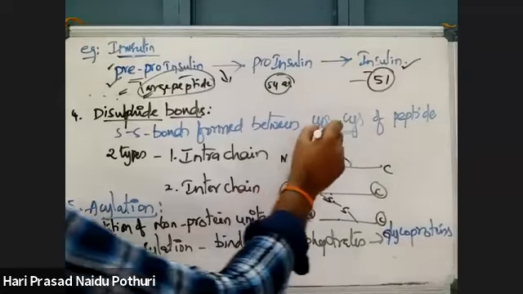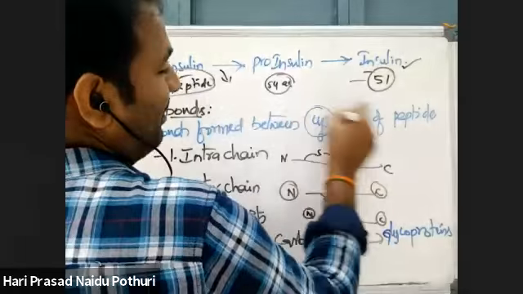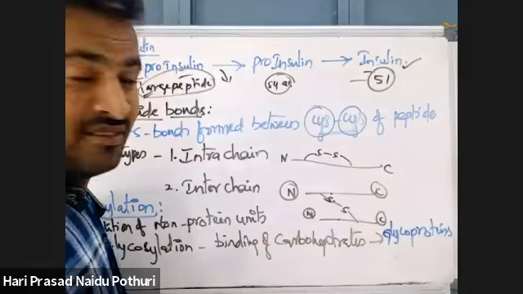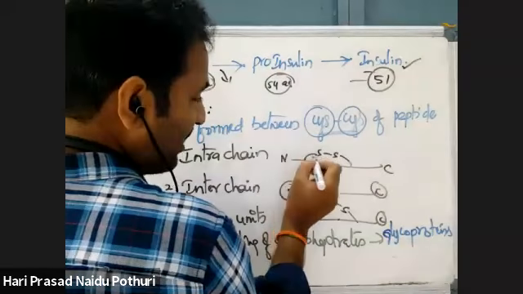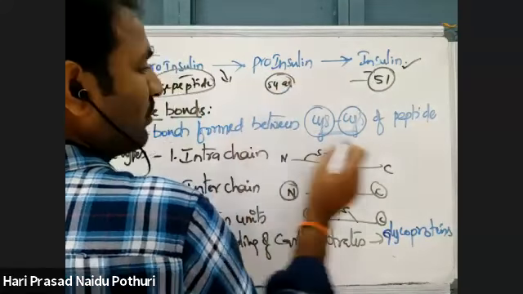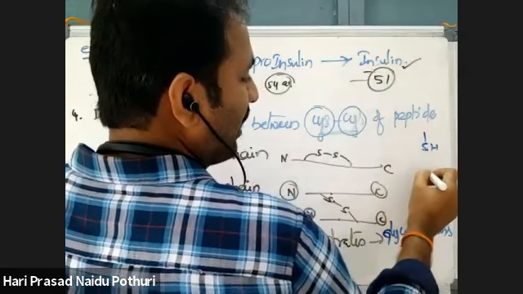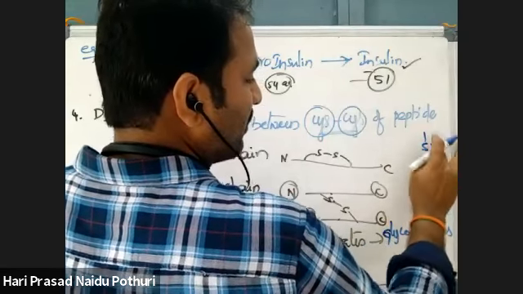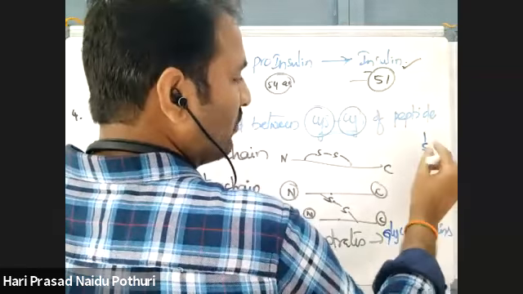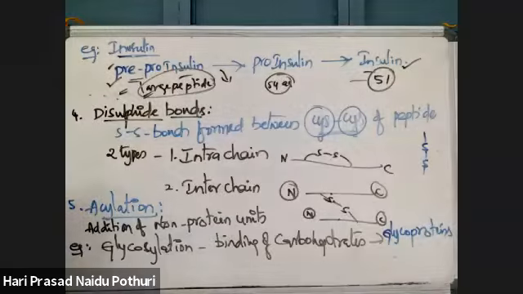Cysteine is one amino acid, another cysteine is another amino acid. Here one cysteine amino acid is there. Cysteine has an SH group, another cysteine has another SH. These hydrogens are removed and disulfide bond is formed. That is glycosylation.